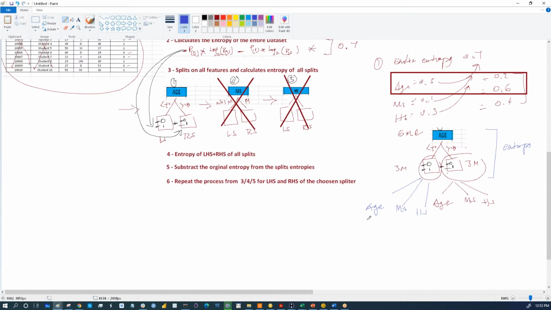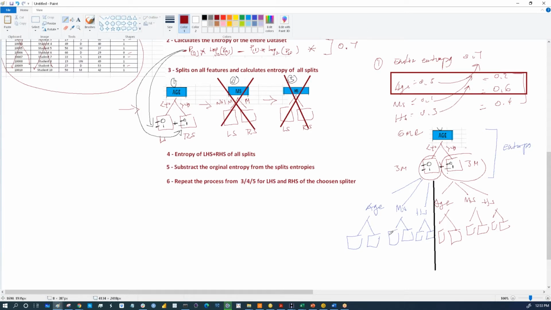So now, when we split on age, we are going to calculate the entropy of the left-hand side and the entropy of the right-hand side.